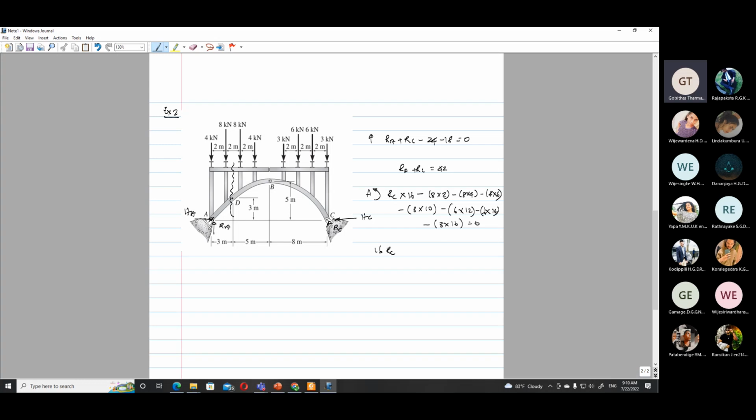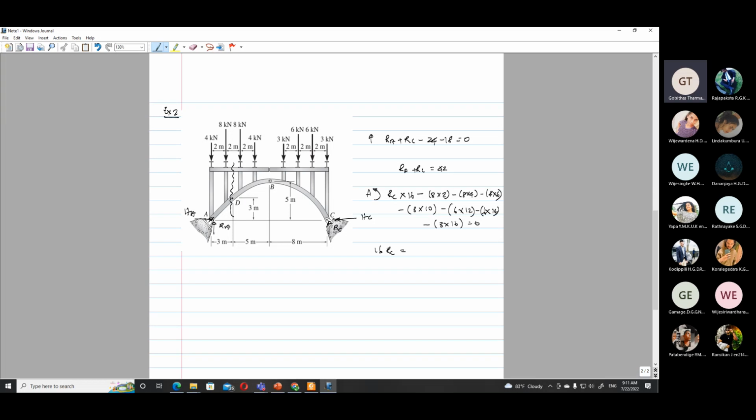So 16 RC is equal to the sum of this, that is 8 into 2, 16, plus 8 into 4, 32, plus 6 into 4, 24, plus 3 into 10, 30, plus 12 into 6, 72, plus 14 into 6, 84, plus 16 into 3, 48.